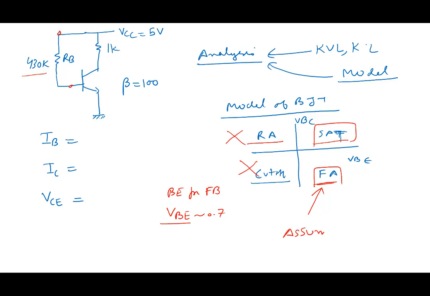Start with the assumption. Suppose I assume forward active, then am I in a position to calculate IB, IC, VCE? Can you all do that? Assume forward active and solve this particular circuit.